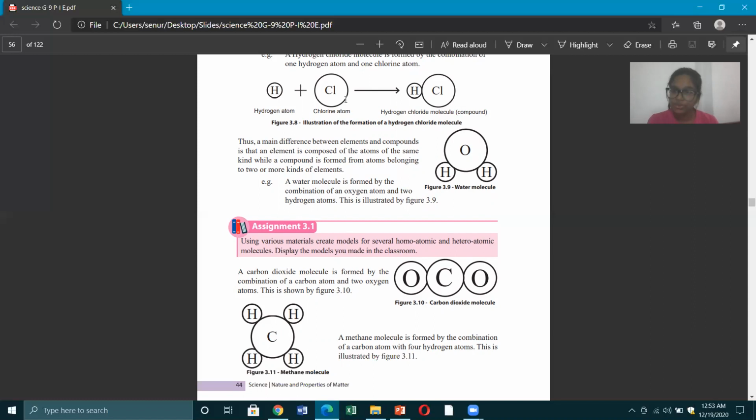The atoms are different. So an element, children, is composed of atoms of the same kind: H2, N2, Cl2, likewise. But a compound is not like elements, because there are atoms which belong to two or more kinds of elements. They're different from one another.